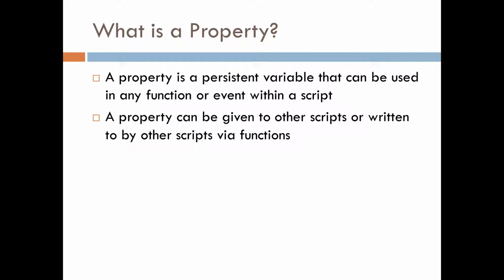The property can be given to other scripts or written to the script, or the value can be changed by other scripts. Sorry for the weird wording there. Via special functions that you have to create. We'll get into that in a moment.